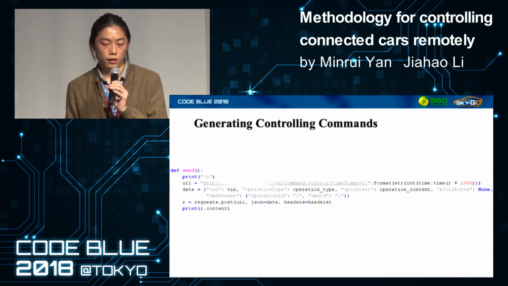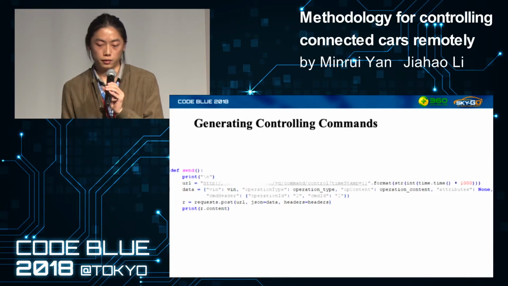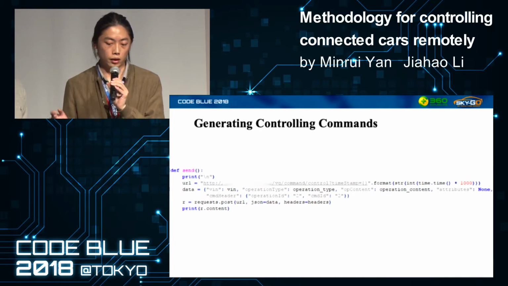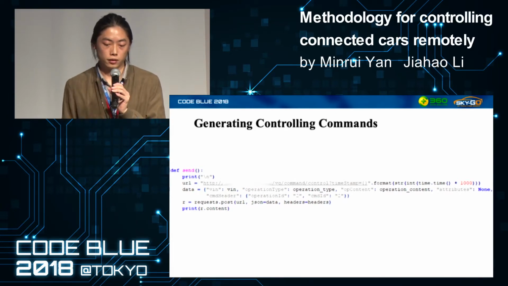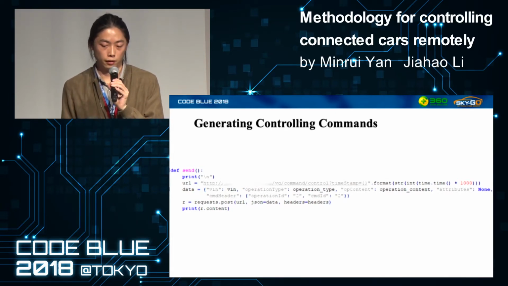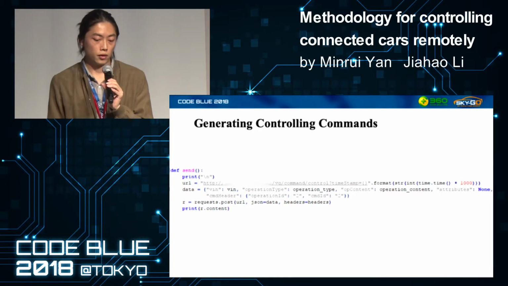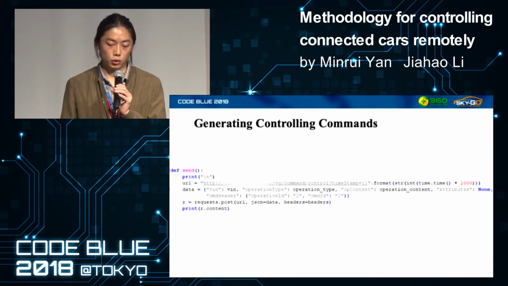But it's not always successful as we expected. We found that it would succeed only if we had sent a command by an official mobile application before. Finally, we found that the T-box will sleep automatically, and we need to send a wake up command to the T-box first.